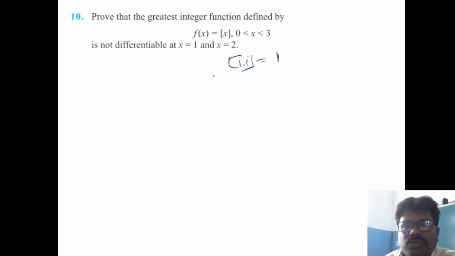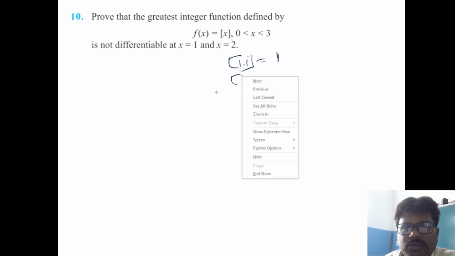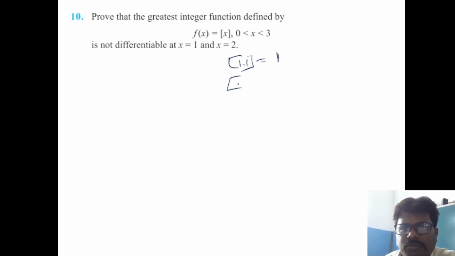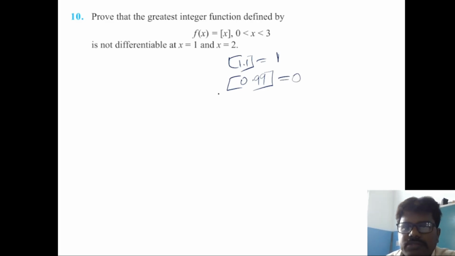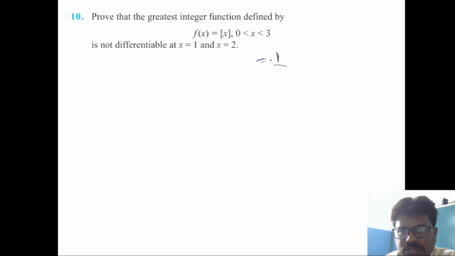Okay, so when you see the left side, the left neighborhood of 1 means suppose the very nearest value to 1, like 0.9. So when you are checking here, we are getting 0. Okay, so for 2 also we will follow the same. So here you see the solution, then you will understand.